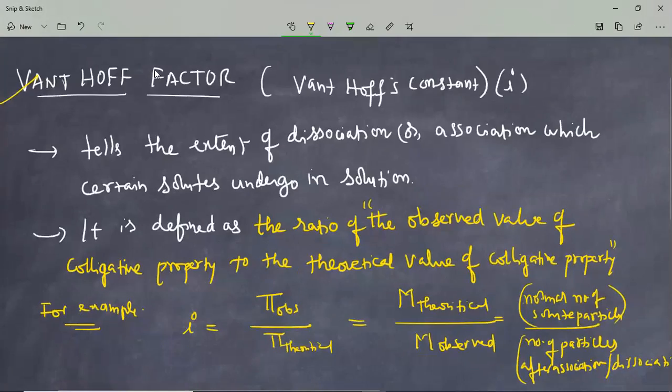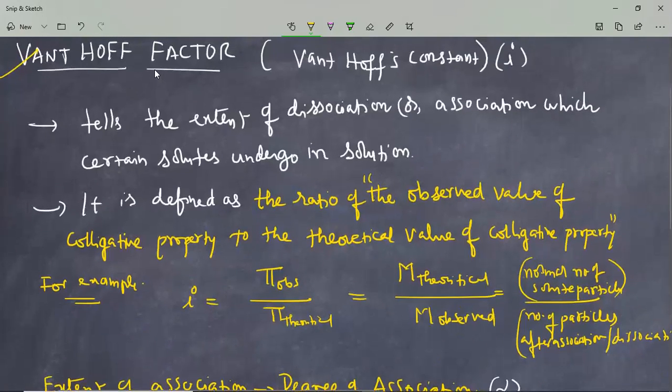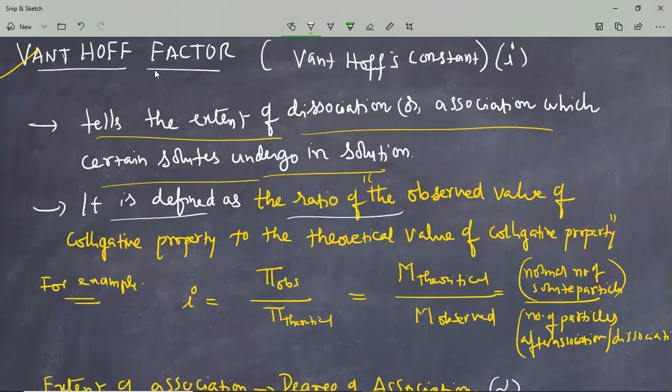Hope you understand what the Van 't Hoff factor is. Let us revise. The Van 't Hoff factor tells us the extent of dissociation or association in which certain solutes undergo in solution. It is defined as the ratio of the observed value of a colligative property to the theoretical value of the colligative property.